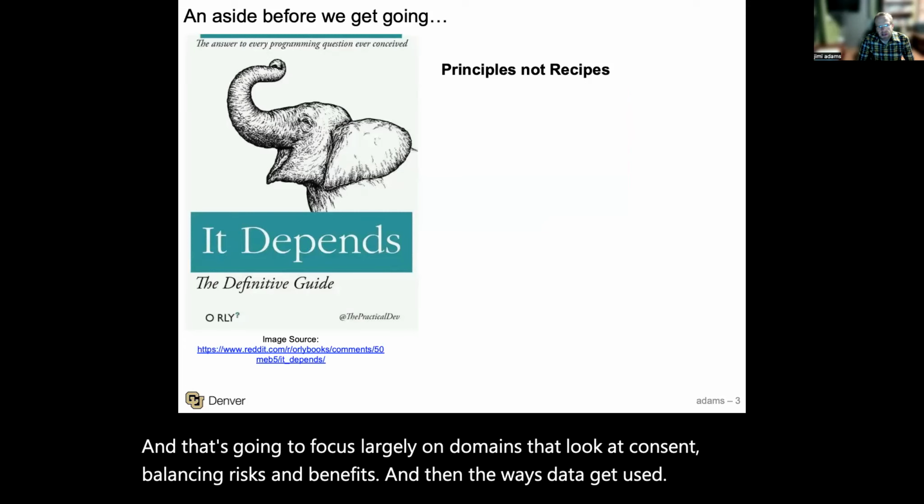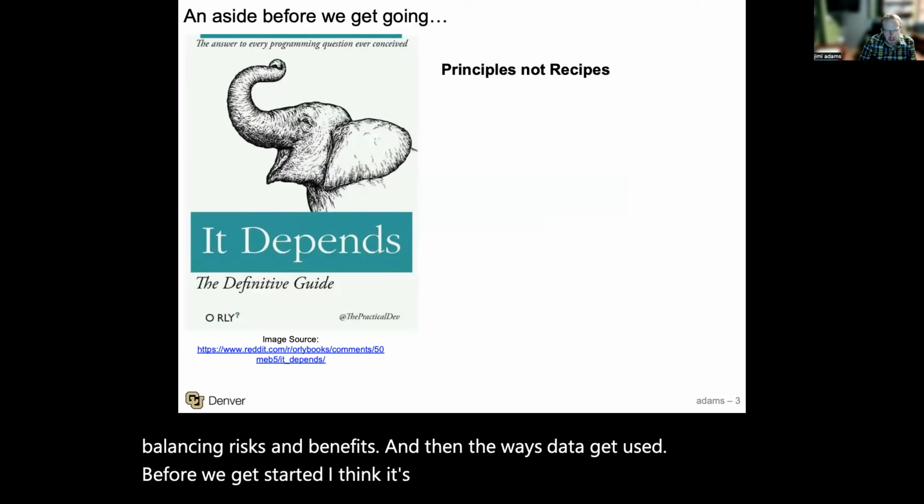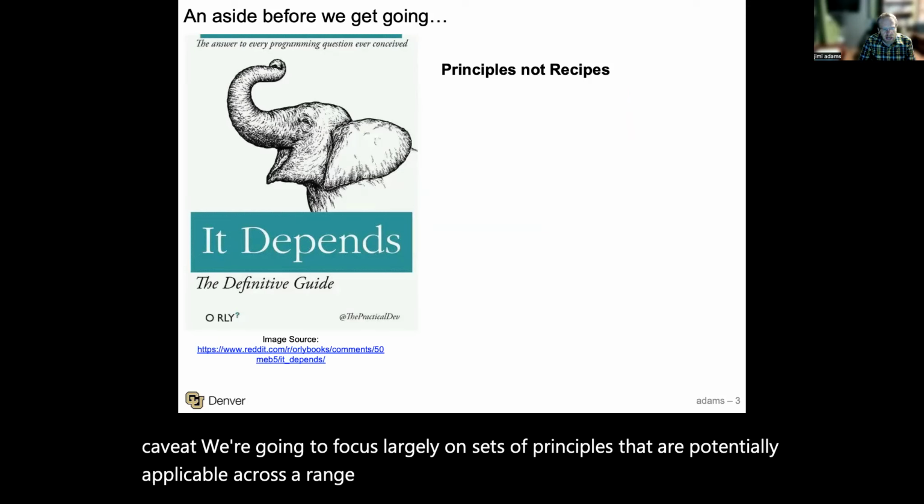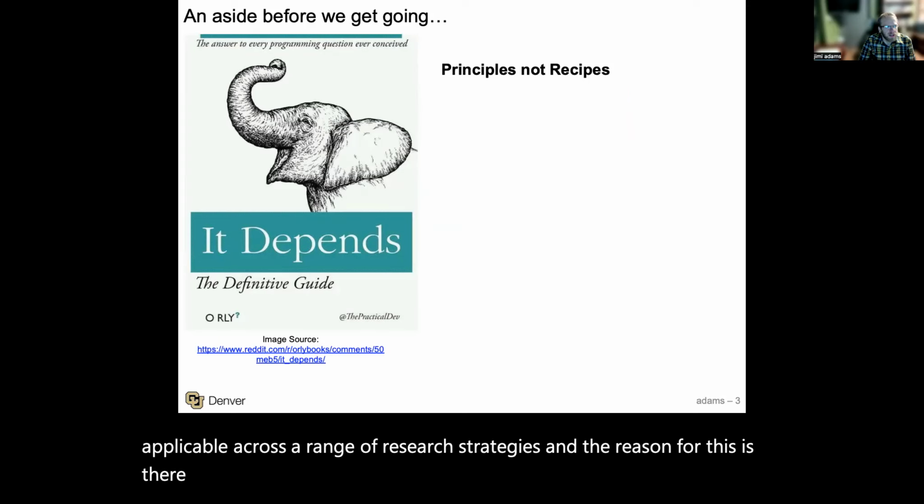Before we get started, I think it's worthwhile for me to give a little bit of a caveat. We're going to focus largely on sets of principles that are potentially applicable across a range of research strategies. And the reason for this is there aren't universally agreed upon sets of standards that we all share.